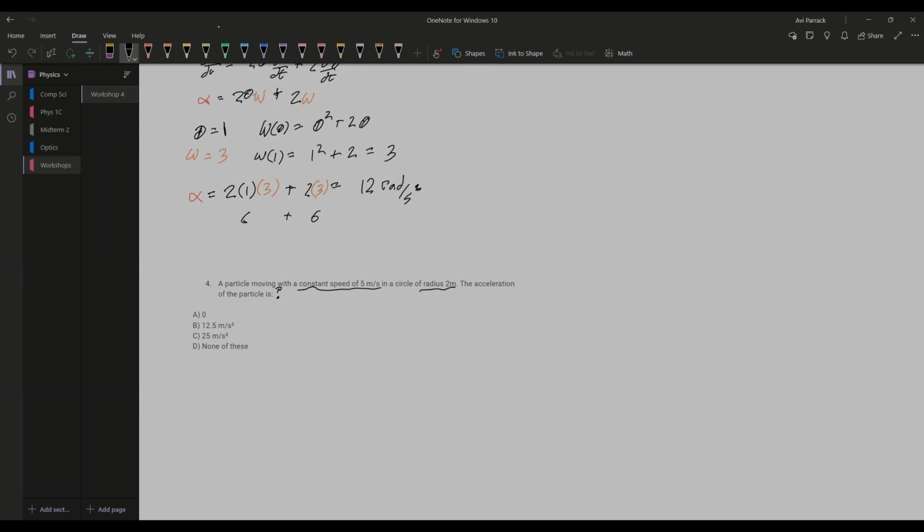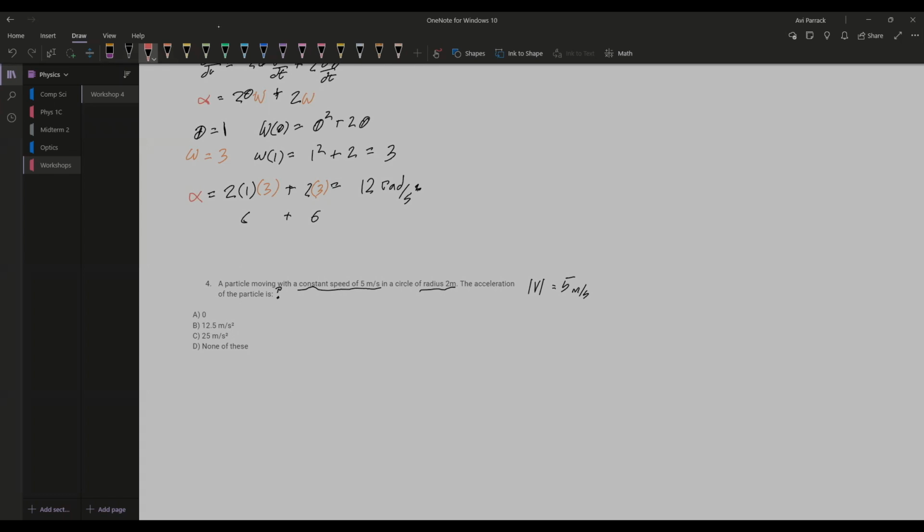The particle is moving with a constant speed. So that's to say what? That's to say that the magnitude of the velocity, without regard for direction, is 5 meters per second. So we may be changing direction. In fact, certainly we are changing direction because we're traveling a circle, but we're traveling at a constant speed of 5 meters per second nonetheless.